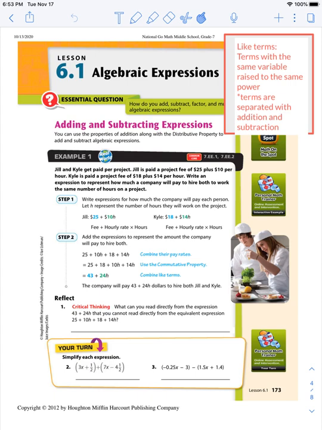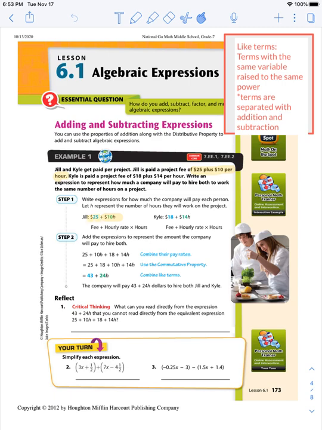First, we need to write an expression for how much the company will pay each person. Remember, an expression is a math sentence without an equal sign. I know Jill is paid 25 plus 10 per hour. $10 per hour is going to be represented with 10h, 10 times h, because it's $10 times the amount of hours she works.